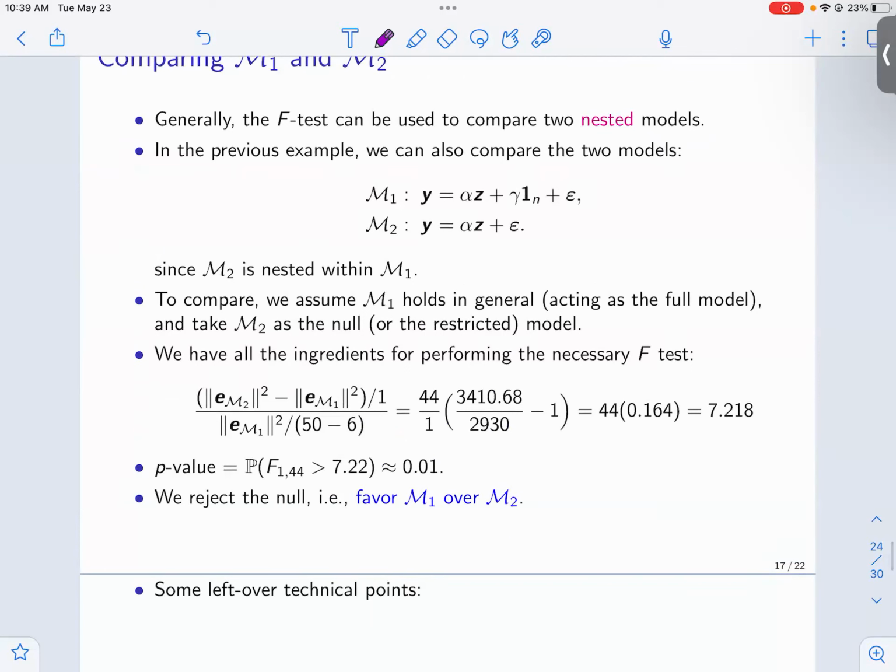I think this is wrong then. That's why, I remember now, this is wrong. So it should be 50 minus 2, and the numerator would be 1. Then you do the calculation, and most likely the result would flip. And you get inconsistent statistics, so you run into an error. That could happen.